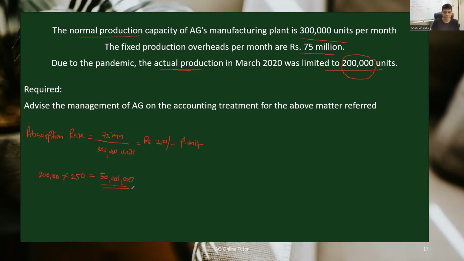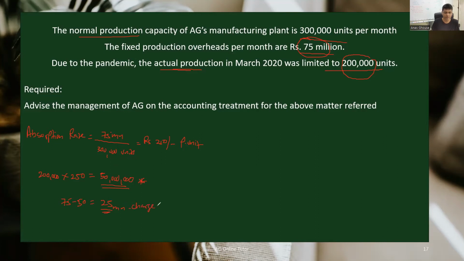So the amount of fixed overhead cost allocated to each unit of production is not increased as a consequence of low production or idle plant. Then what is the difference? 75 million minus 50 million, so the difference is 25 million. 75 million is the fixed production overhead cost per month, whereas we are absorbing only 50 million. So where do you charge this amount?